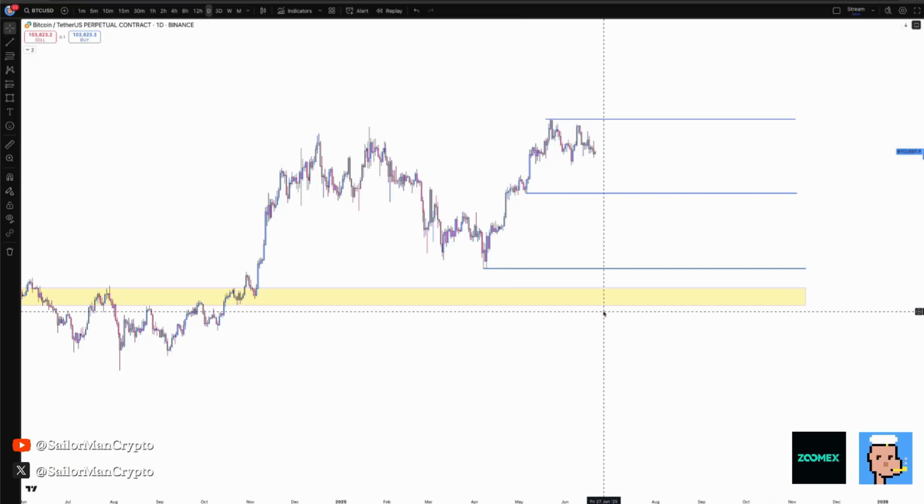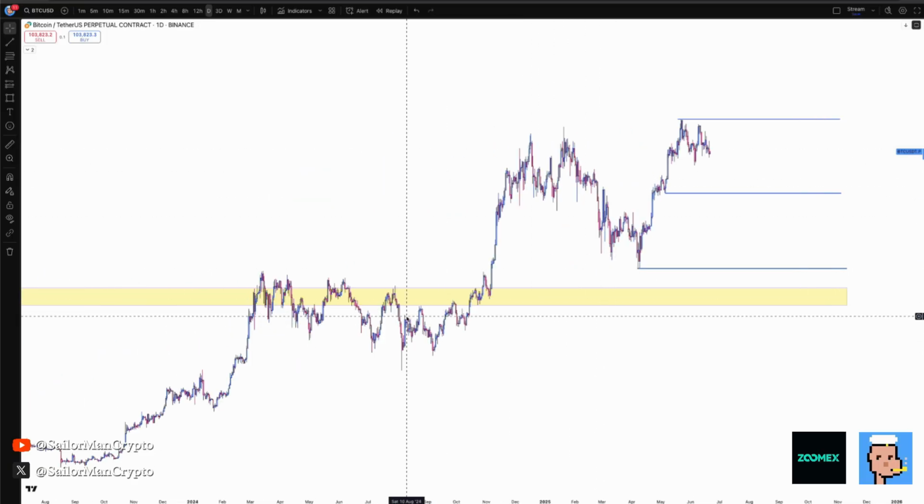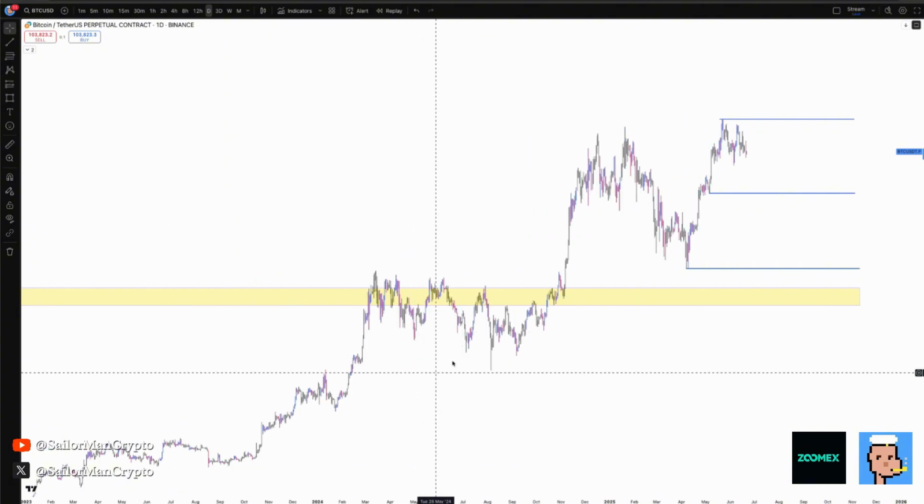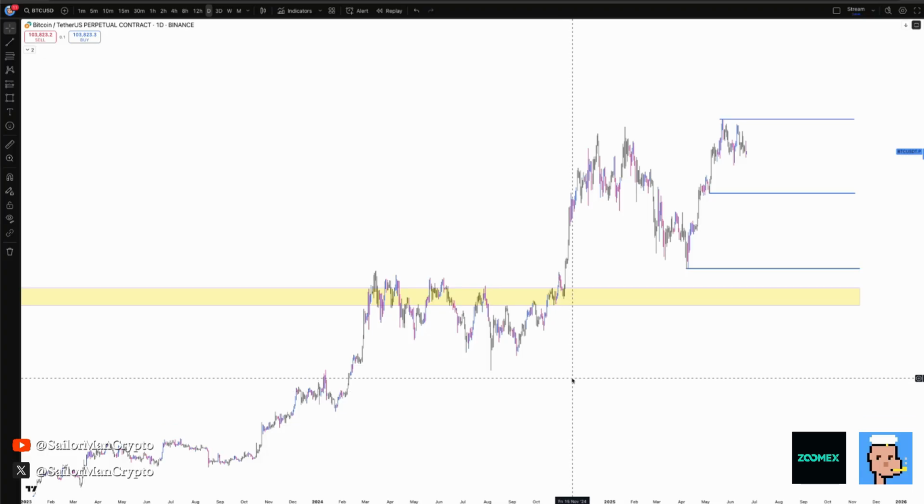Once you map your levels, double check your bias. Once you form a bias, try to trade on the levels you have mapped according to the bias you have formed. So if you have formed a weekly bullish bias, you will use daily or weekly support, demand, unswept liquidity as a potential entry for a long position, because your weekly bias is bullish.